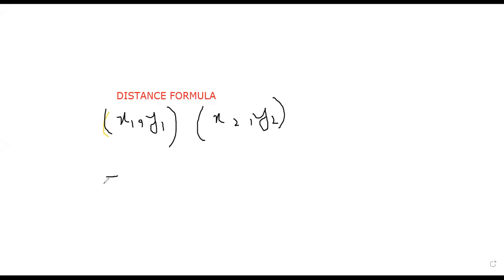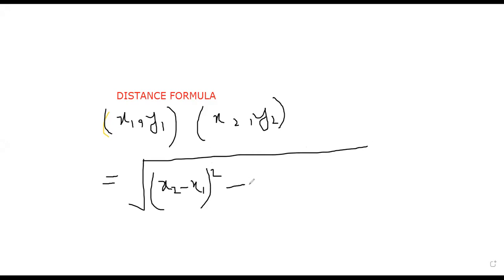So simply, if we are given two points, x1, y1, and the second point x2 and y2, to find the distance between these points we will write it as x2 minus x1, you can also write it as x1 minus x2, whole square, plus y2 minus y1 whole square. This is called the distance formula.